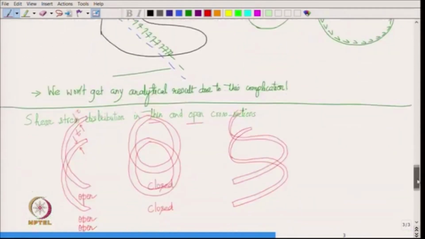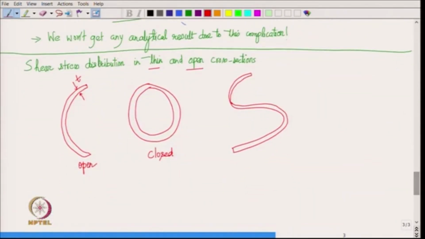So, that means if it is a thin cross section, then certainly the shear stress along the points which are close to the boundary of the cross section will be aligned along the boundary, and likewise even on the other part of the boundary, but within the two boundaries the shear stress need not be aligned along the boundary.